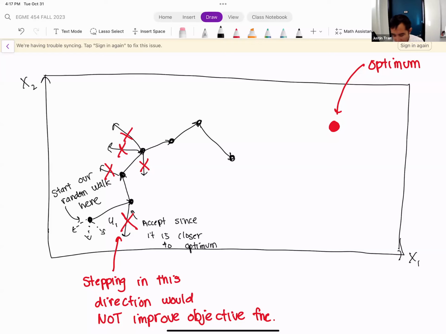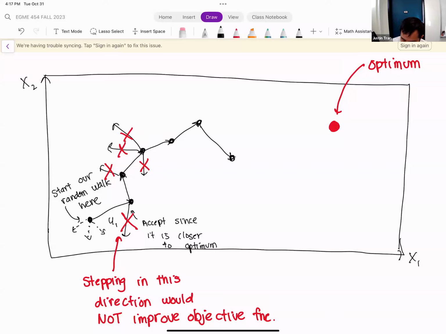Okay, so let's pause here. And so now that we've reached this point here, we're getting closer and closer to the optimum, right? And so what the algorithm says is that, as we get closer and closer, we should make our step size smaller. And so, I didn't do a very good job of this, but we're going to assume that every step that we've taken so far has been the same length, okay?